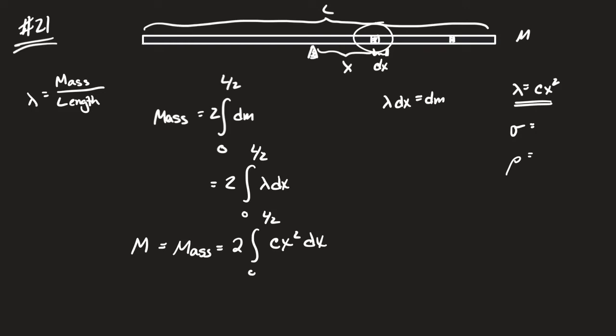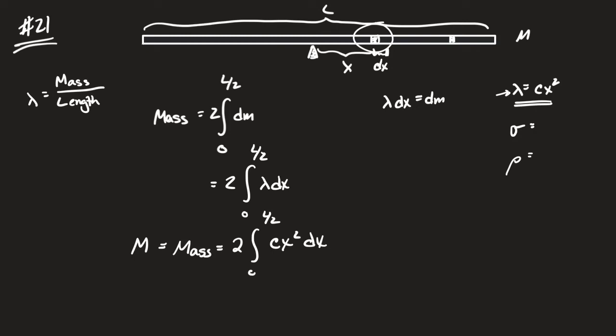I'm calling that small piece dx. Now that is just the length of that piece. But I'm told that the mass per unit length of each piece is this function. So if I take that function and multiply by the length, that should give me the mass. Because I have the mass per unit length. So dx represents that length.